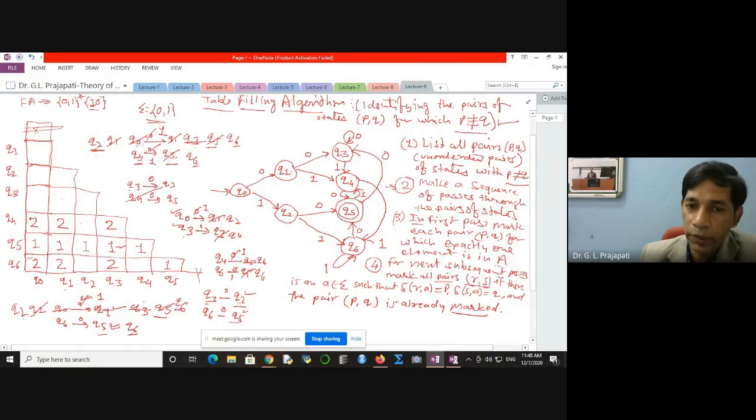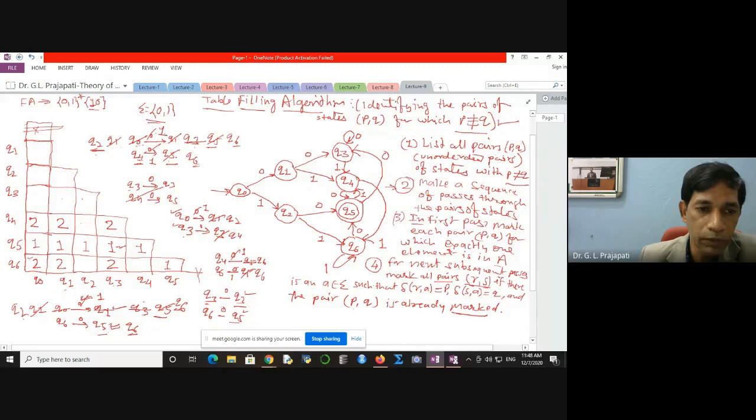Now if you are getting 1 from Q1, you are going to state Q4, and from Q3 getting 1, you are also going to state Q4. So Q4, Q4 is also not there. This means Q1 and Q3 pair can also not be marked. So Q1 and Q3 you cannot mark.